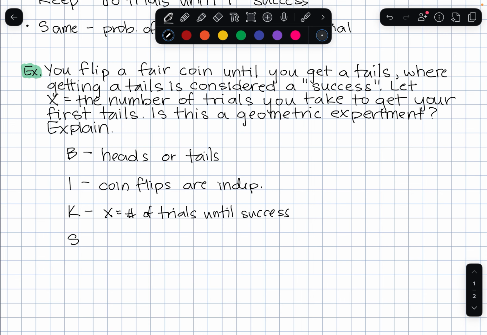And then the last is the same probability across each trial, and we know the probability of getting a tails is 0.5 for each trial. So yes, this is a geometric experiment.